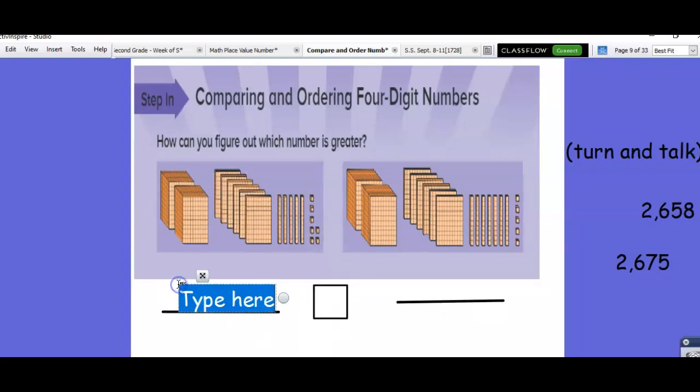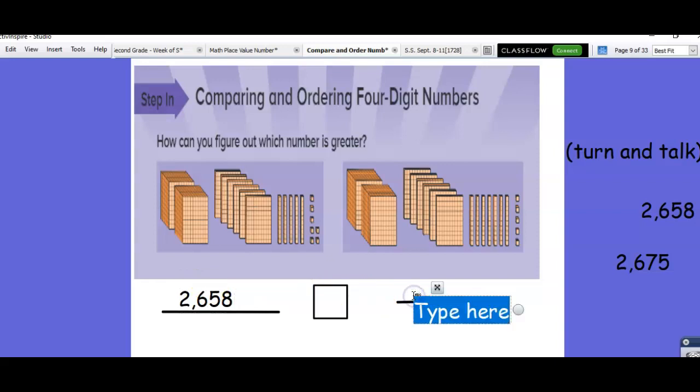So I had this one, it would have been 2,000, 658. And then on this side, it would have been 2,675.